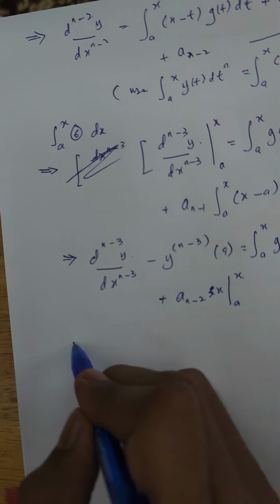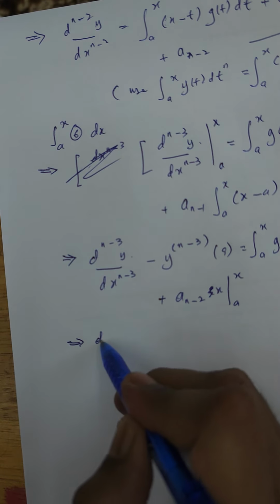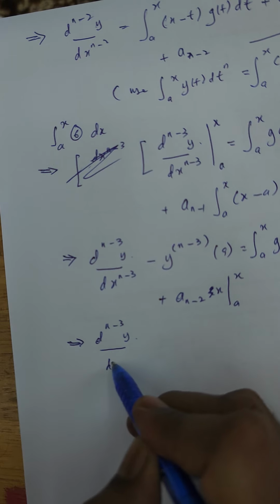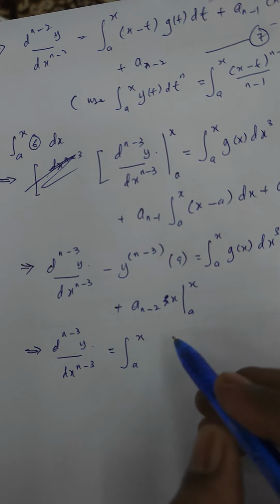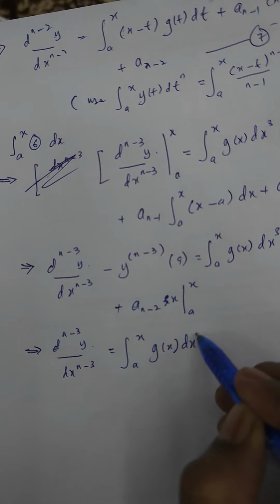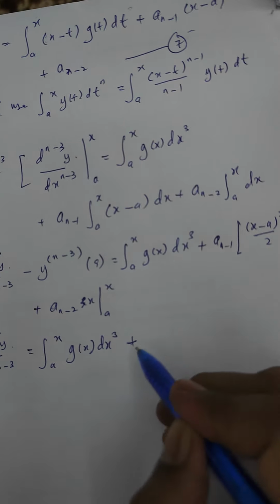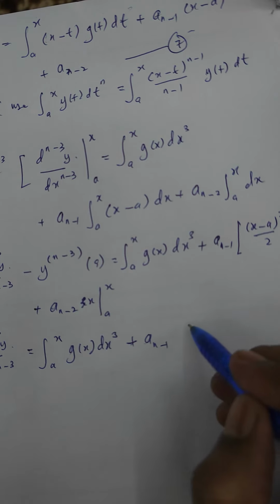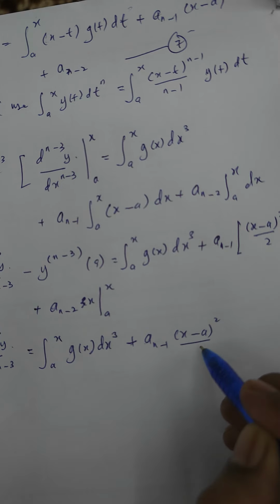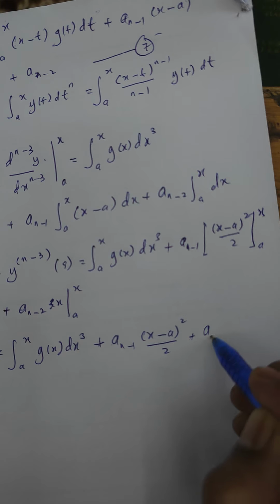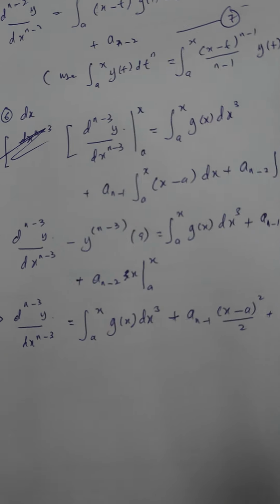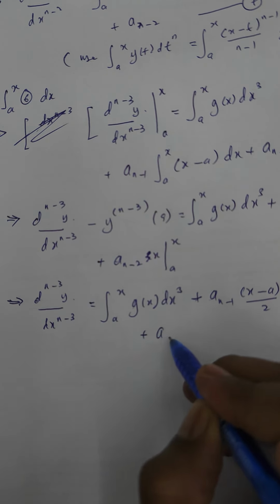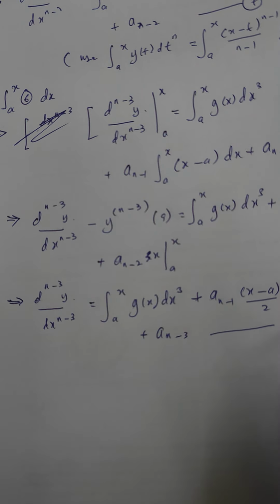Okay, and then simplify those. So we have d^(n-3)y/dx^(n-3) equal to the integral from a to x of g(x) dx cubed plus a_(n-1)(x minus a) squared over 2 plus a_(n-2)(x minus a) over 1 factorial plus a_(n-3). This is equation number 8.